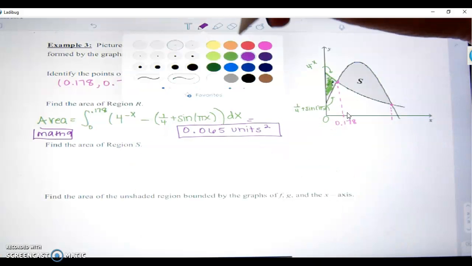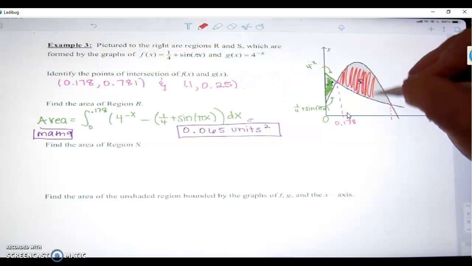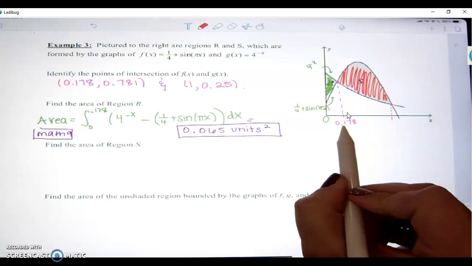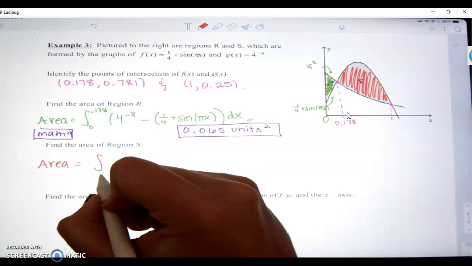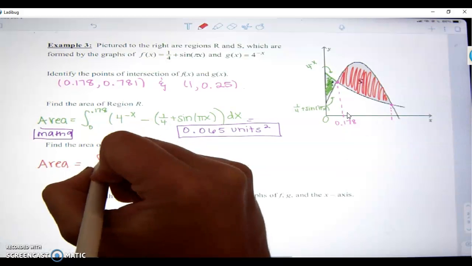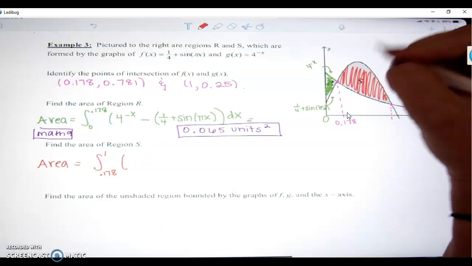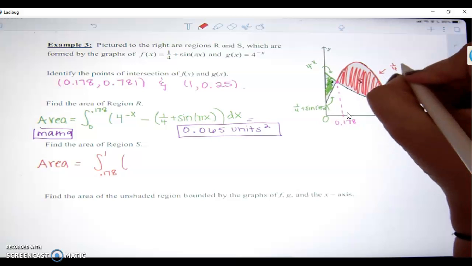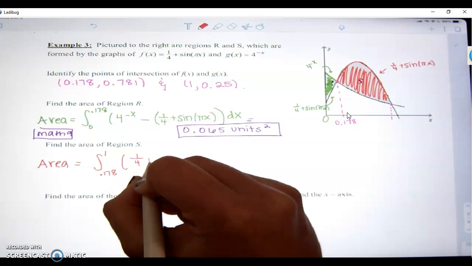Alright, so for the next one we want to find the area of S. So the area of S starts at 0.178 and ends here at 1. Okay, so for this one, this time the curve is on top. So the 1/4 plus sine of pi x is on top, so we're going to do that first.